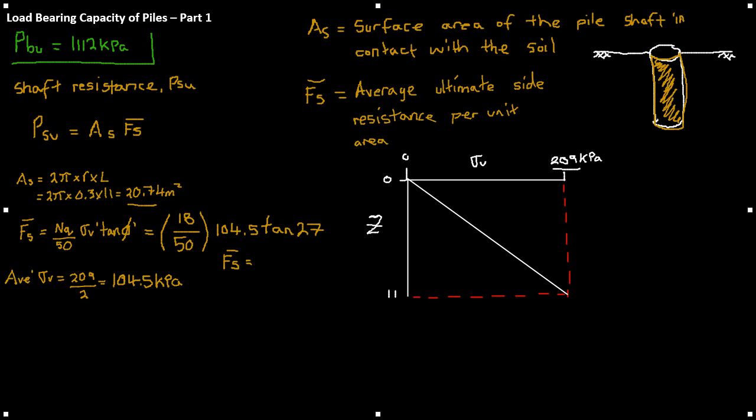That will give us an fs bar value of 19.17. Then our Psu will equal 19.17 times 20.74, and that will equal 397.4 kilonewtons.